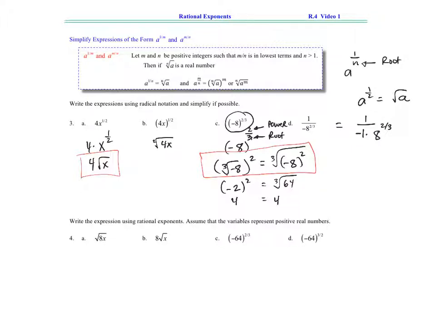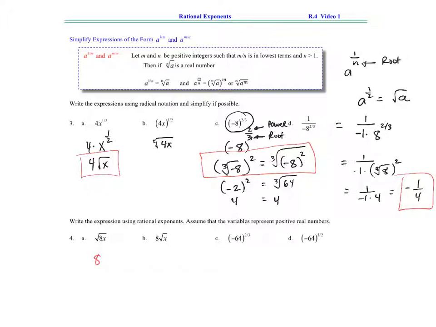If there are no parentheses, then the only thing we take to the 2/3 power is the 8. So we'd take the cube root of 8, which is 2, and then square that. 2 squared is 4. So this would be -1/4. And that's done.